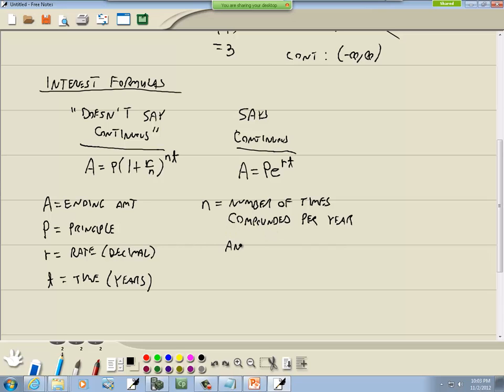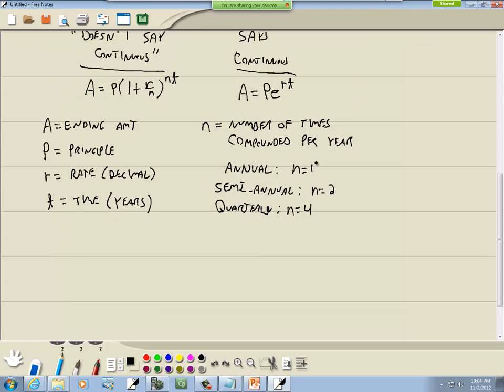Now, if it says annual, it's compounded annually, N is 1. If it says semi-annual, N is 2. If it says quarterly, N is 4. If it says monthly, N is 12. If it says weekly, N is equal to 52.